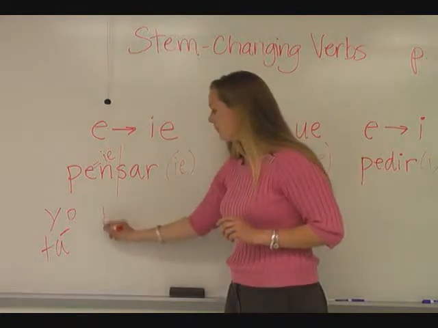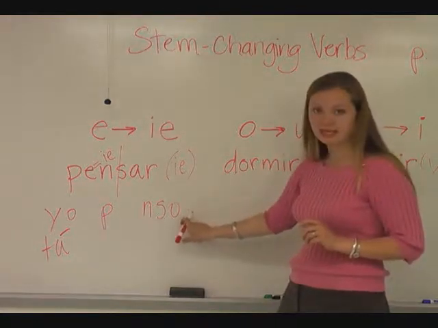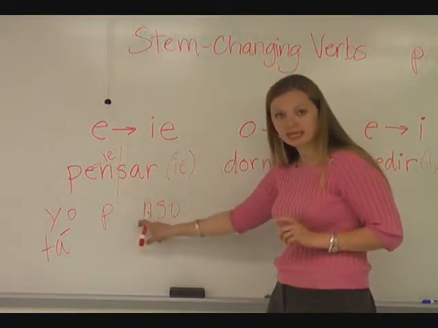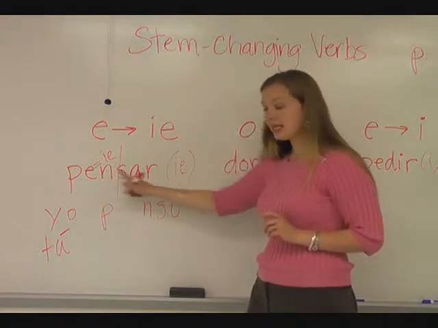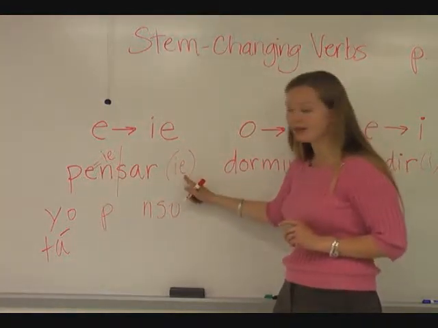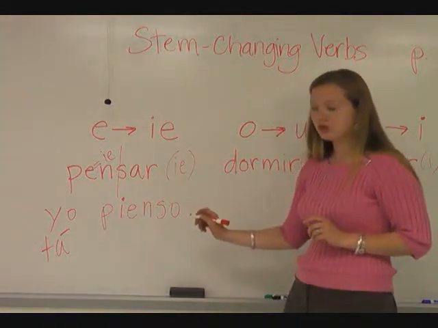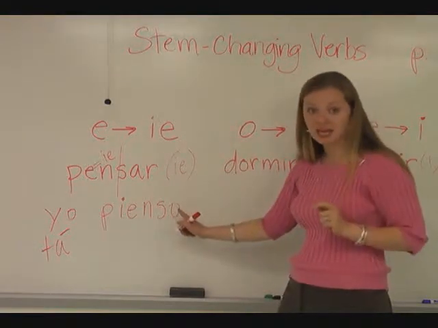So, yo, with the exact same ending, what we've learned so far in regular verbs, this would be an E. But because it's a stem-changing verb, we know that that E becomes IE in all forms except nosotros. So, yo pienso means I think.